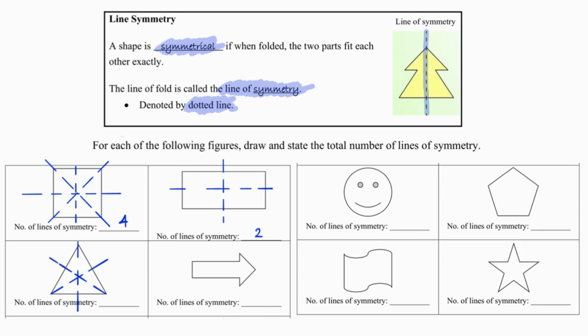So in this case, there are 3 lines of symmetry. And for an arrow, is there a line of symmetry? Yes, there is, right in the middle, horizontally. And there's only one.